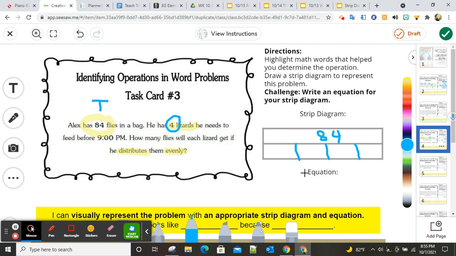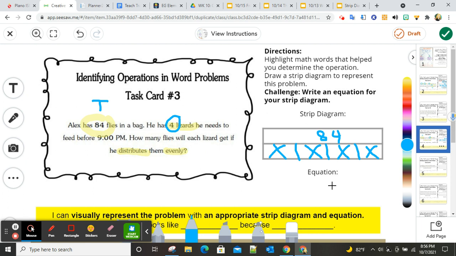I do not know how many flies each one's going to get. So I have x's. These are unknown quantities. So when you have an unknown quantity, you can use a letter to represent it. Like I said before, if you don't feel comfortable, you could always use a question mark. You could have 4 question marks.